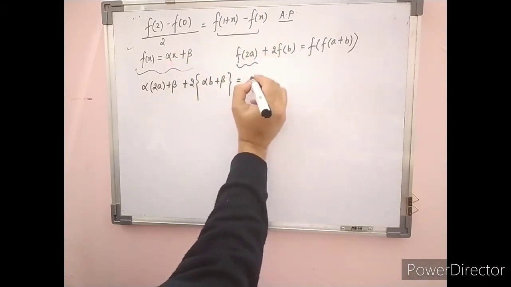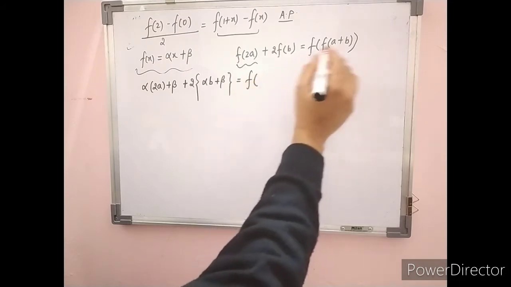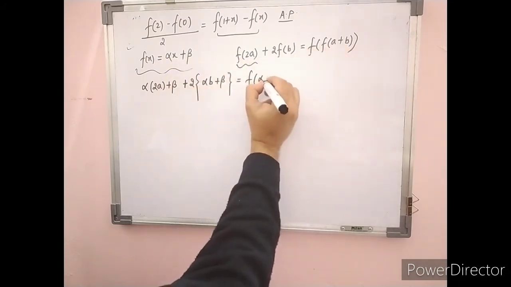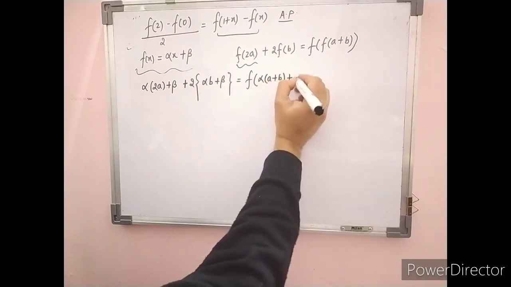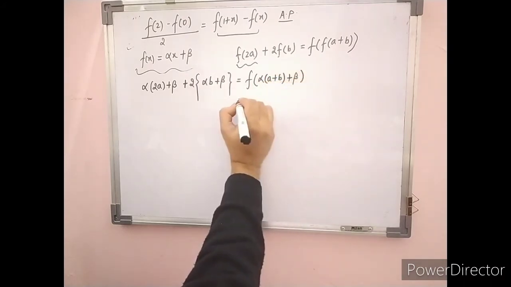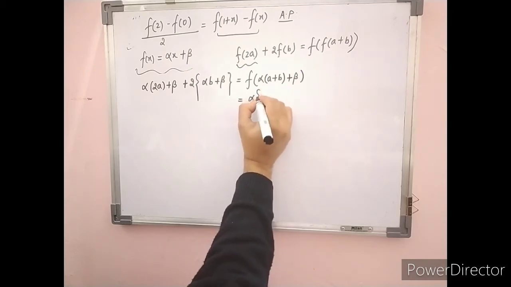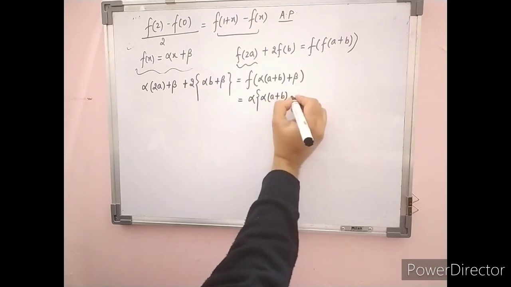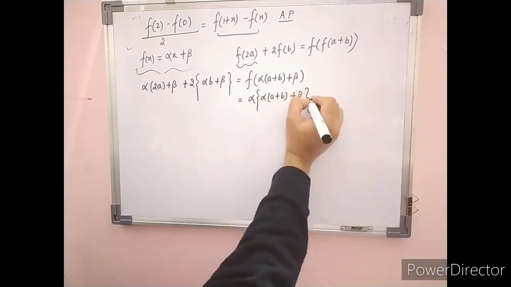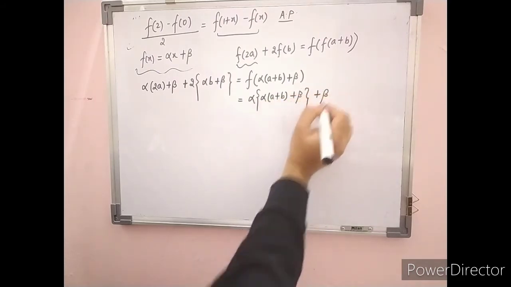So we can simplify it like this: f(a plus b) is what? Alpha times (a plus b) plus beta, and that is equal to alpha times (alpha a plus b) plus beta. Is it okay?